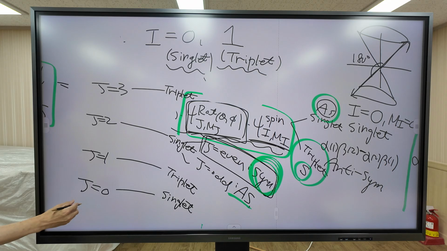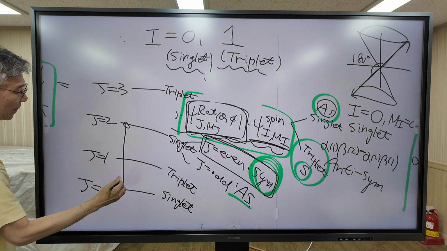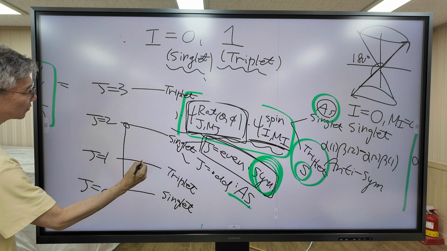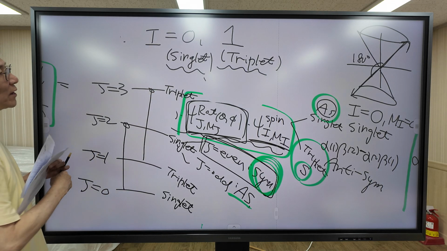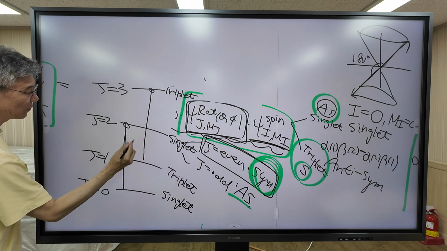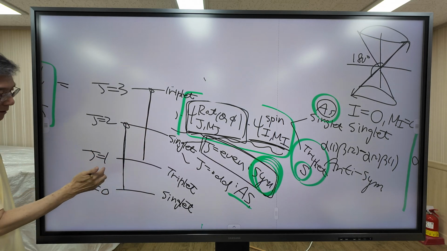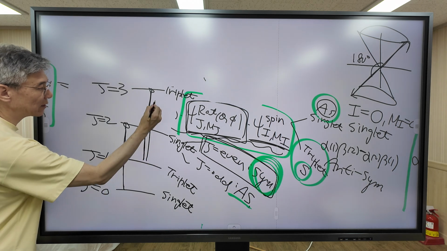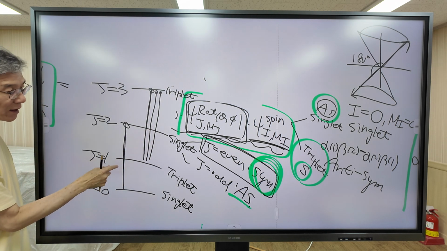So in Raman transition, J equal 0 makes a transition to J equal 2. J equal 1 makes a transition to J equal 3. Now I'm going to compare the intensity of this transition with the intensity of this transition. And this transition is 3 times larger than this one. Why?